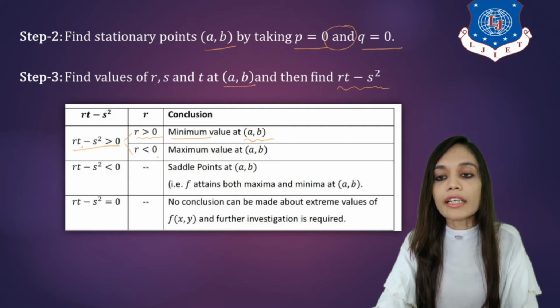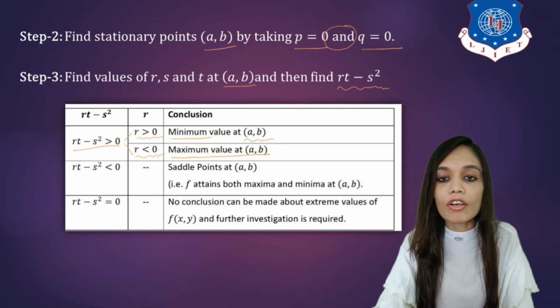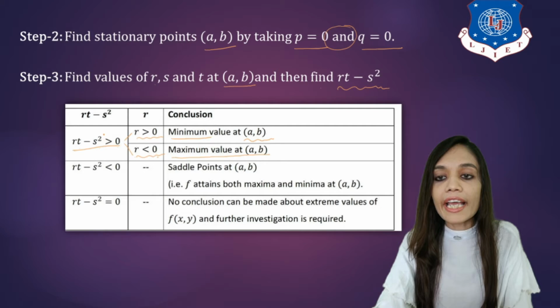Again, if rt minus s square greater than 0 and r less than 0, then we will get maximum value at a comma b. So we will get extreme values only when rt minus s square is greater than 0.